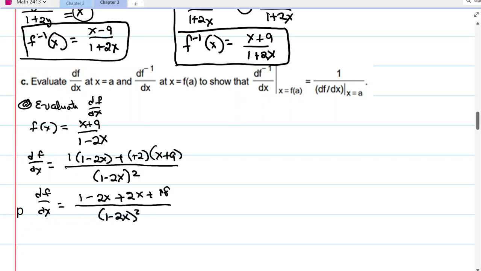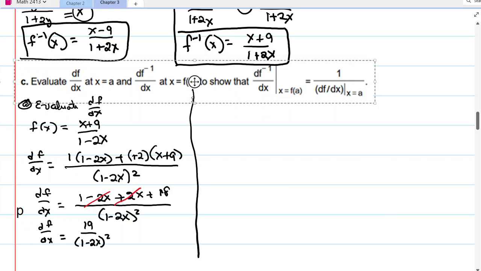All right, so I'm going to take care of additive inverses. And that's going to leave me with the derivative 19 over (1 minus 2x) squared. Now, all they asked for was a derivative.